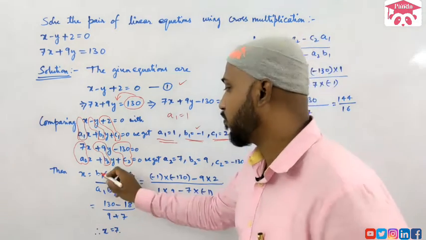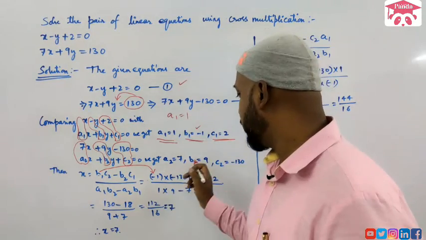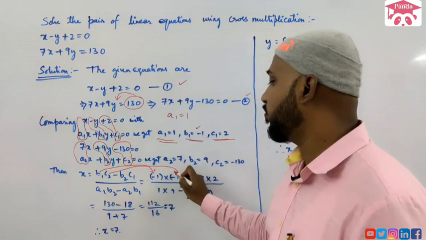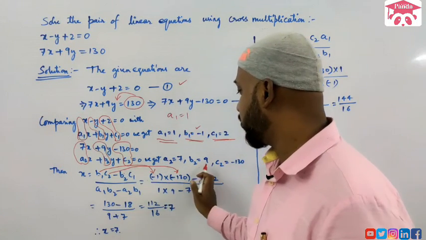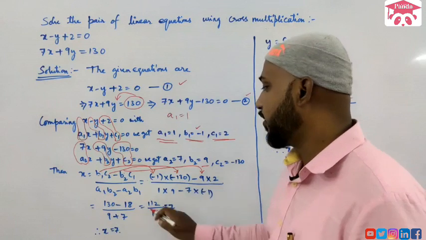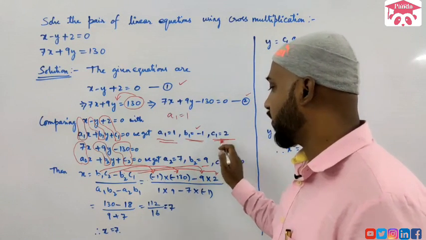It is minus 1. So in place of b1, I will put minus 1. And c2 is minus 130, so in place of c2, I will put minus 130. And minus of b2, b2 is 9, so I will put 9. And in place of c1, I will put 2 because c1 is 2.